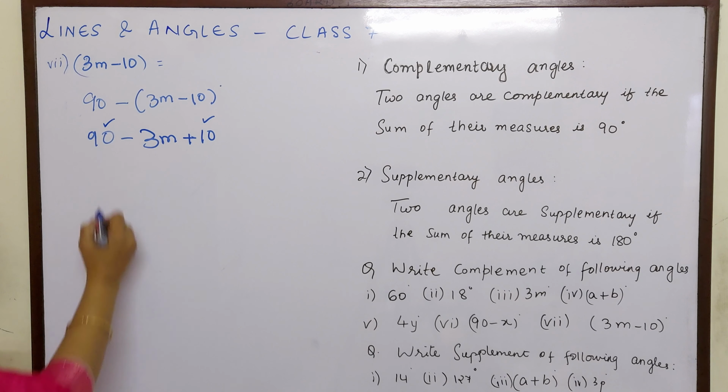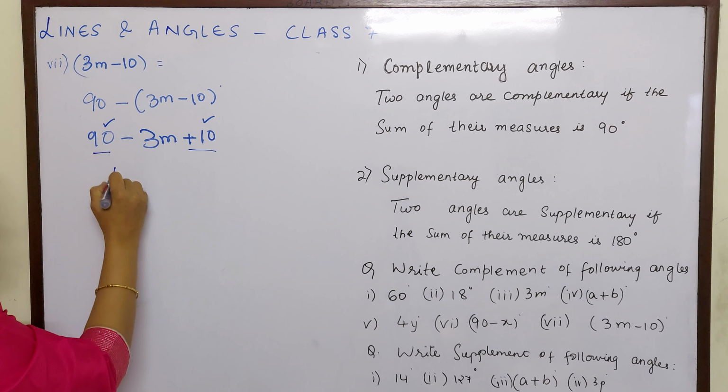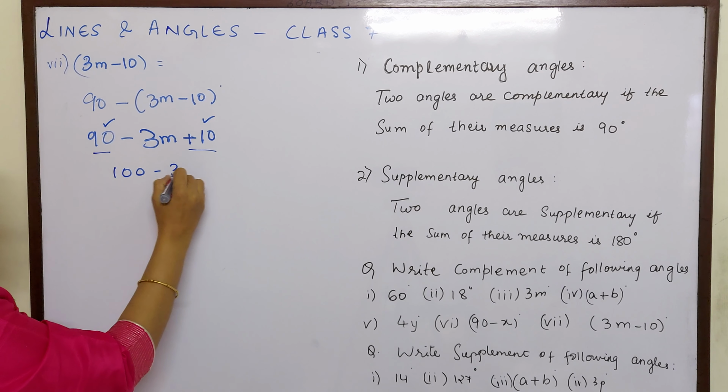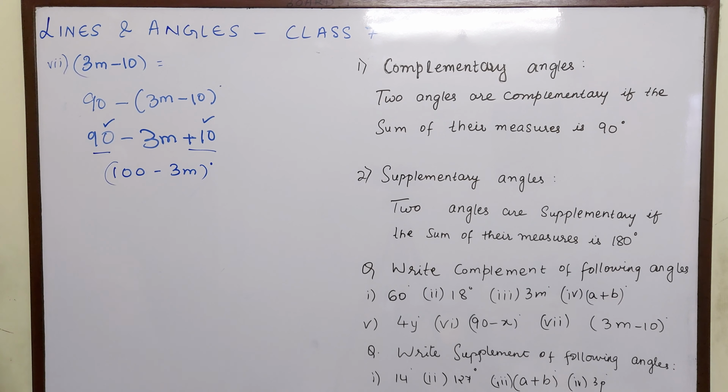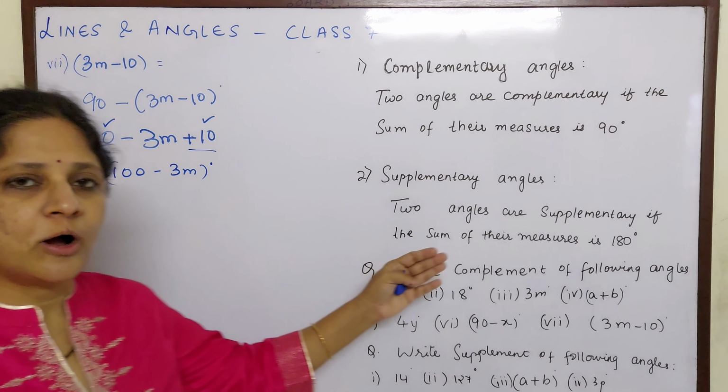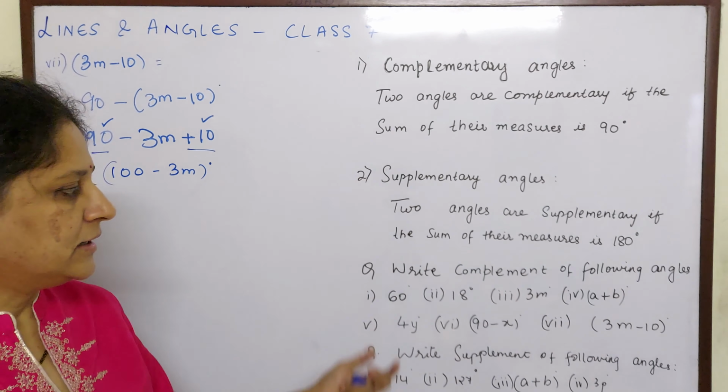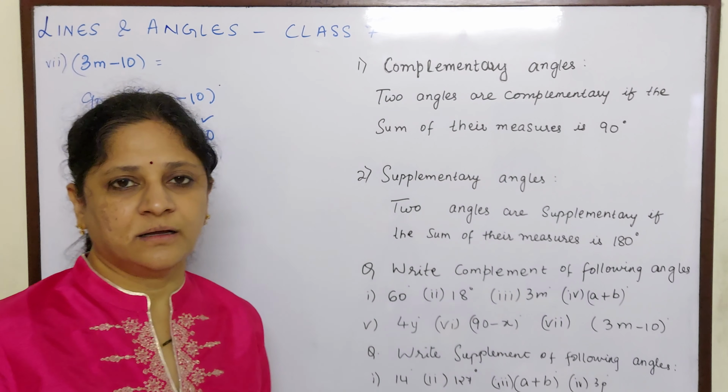We can add them. So 90 plus 10 is 100 minus 3m degrees. Hope you understood, children, how to find the complement of a given angle: 90 degrees minus the given angle.